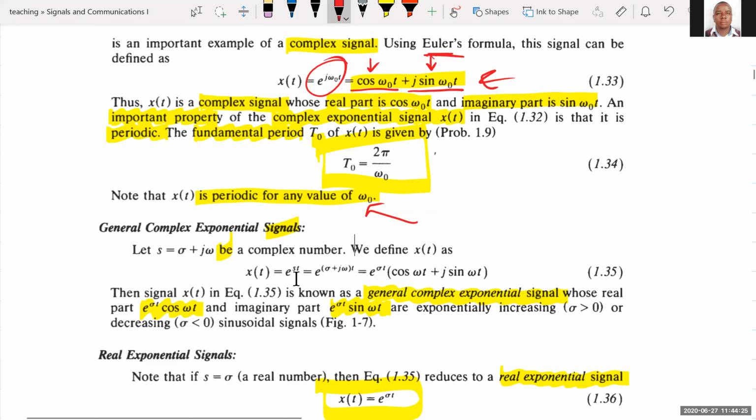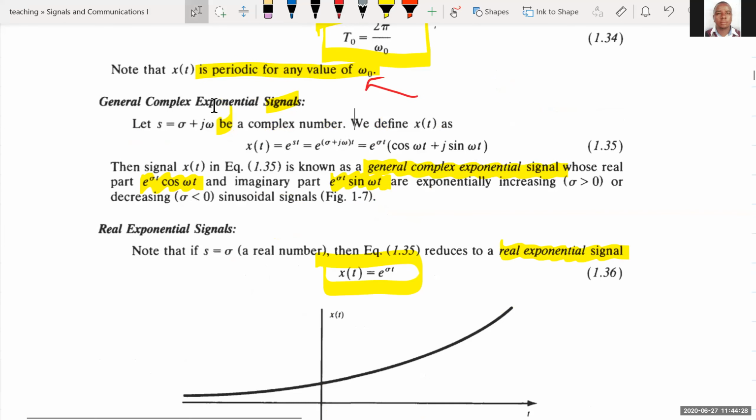So very quickly, we jump to the general complex exponential signals. And now we are saying that x(t) can be expressed as a more general complex value, where, remember what we said earlier, that x(t) is equal to e^(j omega naught t).